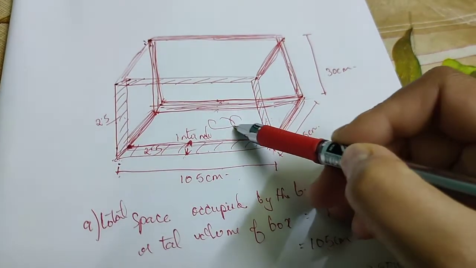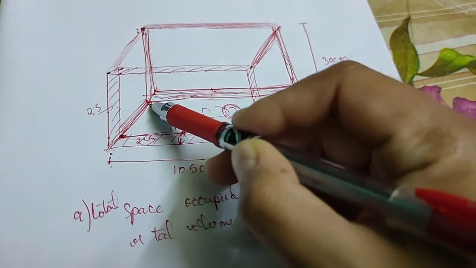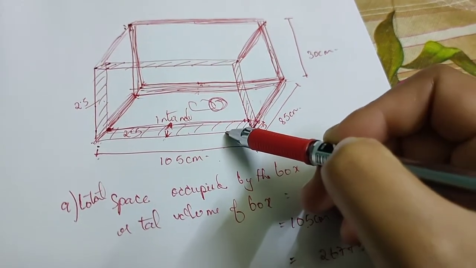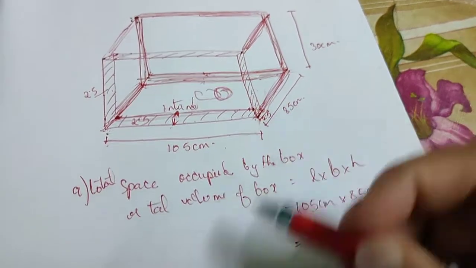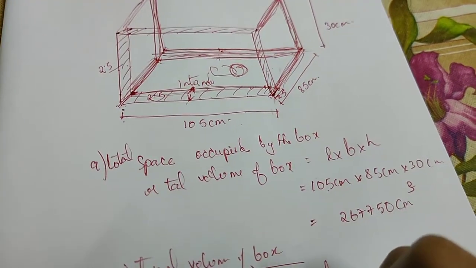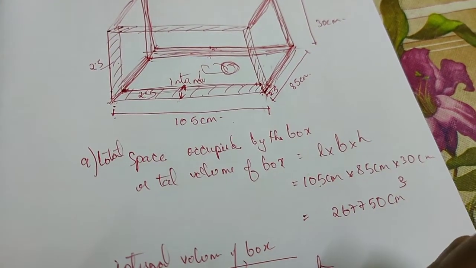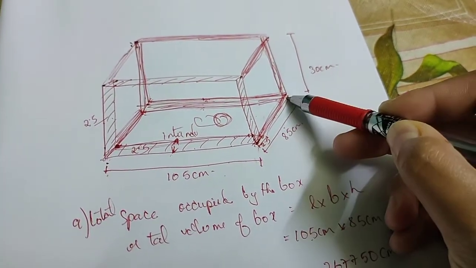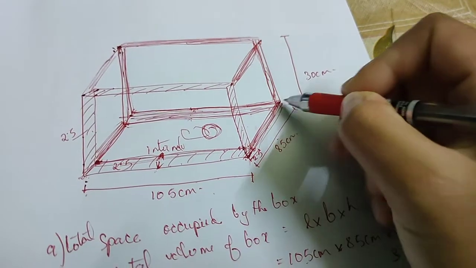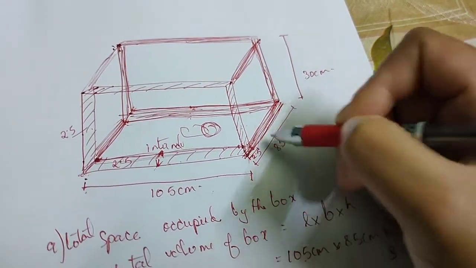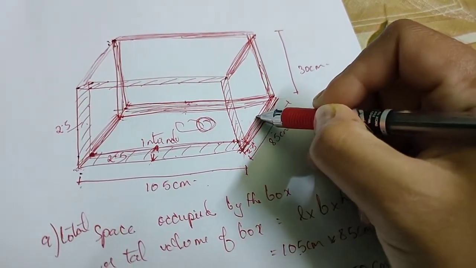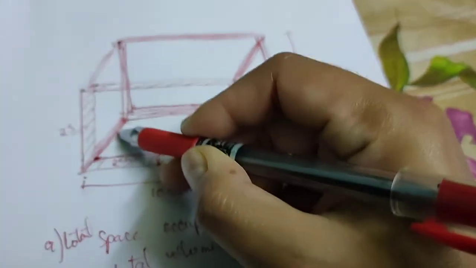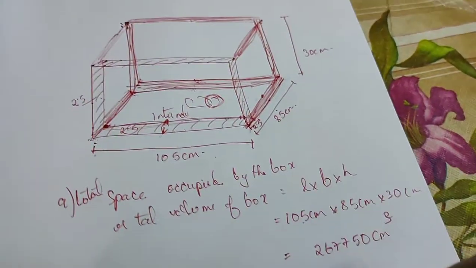Because this time we have to find the inner portion, not the outside, we have to subtract this thickness. For the breadth also, same thing. This portion is the breadth, but this is the outer part. I need to go to this point, so minus 2.5, and this side also minus 2.5.